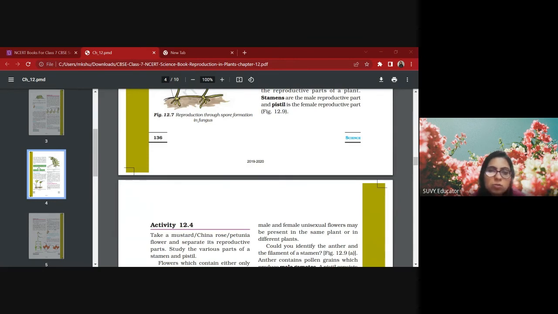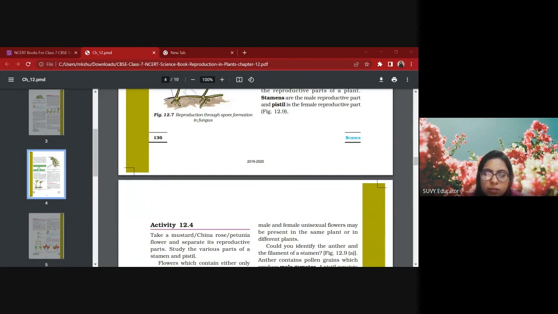Yeah. So flower is your reproductive part, and the flower is divided into two. That is the male reproductive part and the female. The male reproductive part is known as stamen. What is it known as? Stamen. And the female reproductive part is known as pistil. Okay. Now stamen is divided into two, anther and filament.